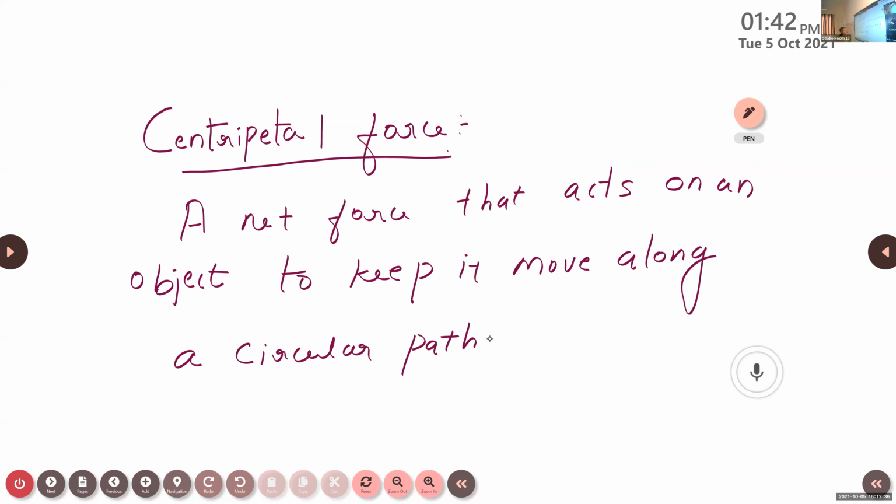So this is the force that keeps the object moving along a circular path. It keeps the object along a circular path. A net force that acts on an object to keep it move along a circular path.